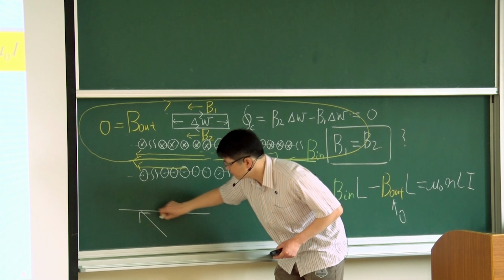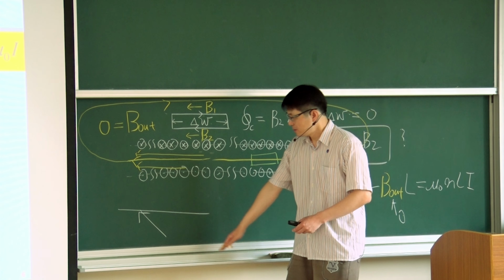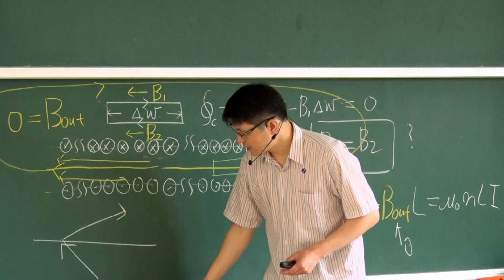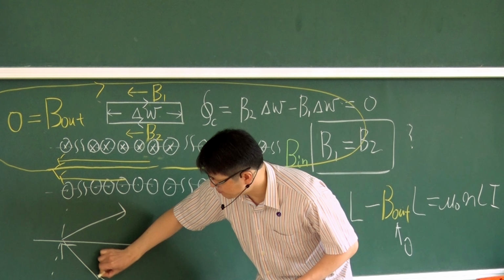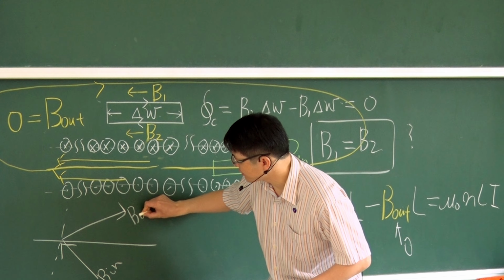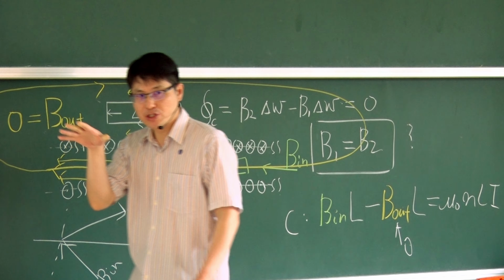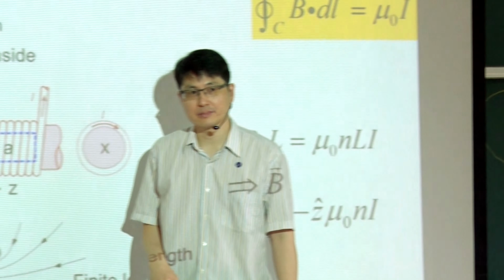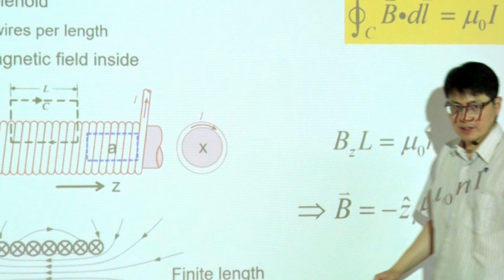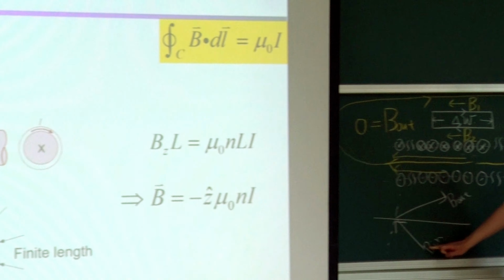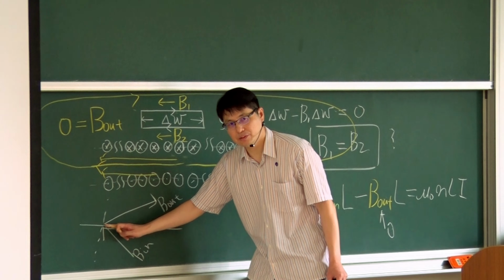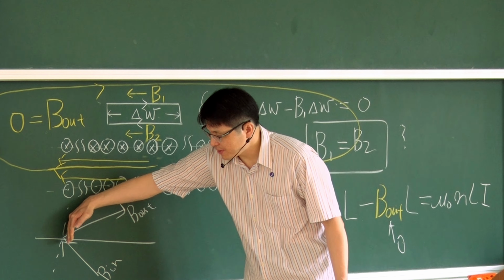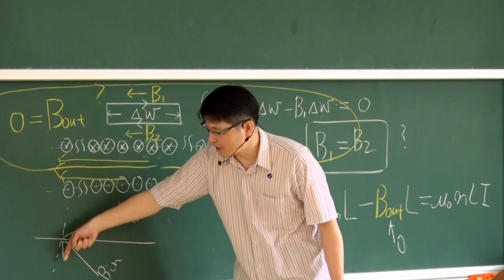So if you have the field line coming in, somehow your output field line is, so this is B inside and this is B outside. I'm trying to attract your attention to this particular closed loop. At the interface, your B field line is coming in with certain angle, and your B out is here with certain angle, but they are both on the same side of the surface normal.